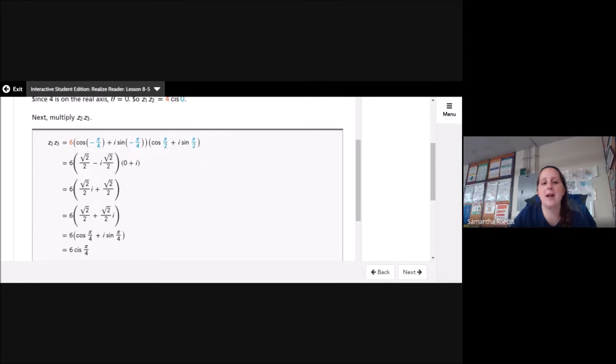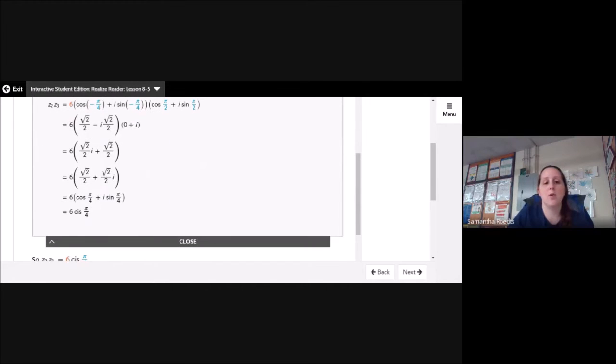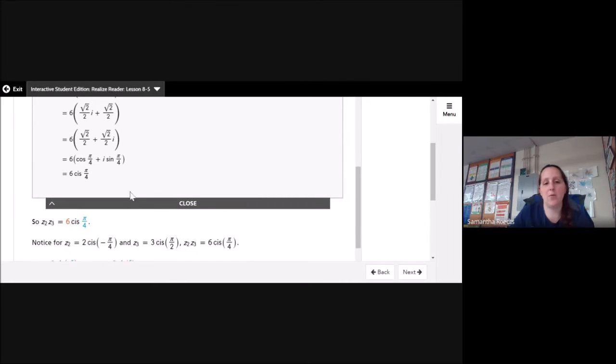When I go ahead and FOIL this out, I will get 6 times square root of 2 over 2 i plus square root of 2 over 2, which I can just rewrite. So this is cosine of pi over 4 plus i sine pi over 4, which is 6 cis pi over 4.